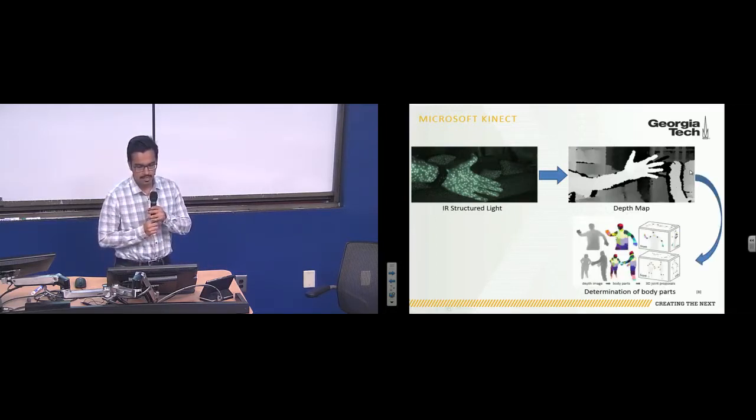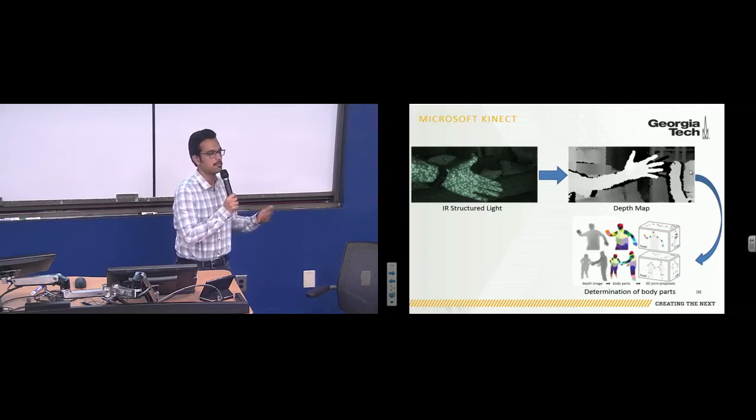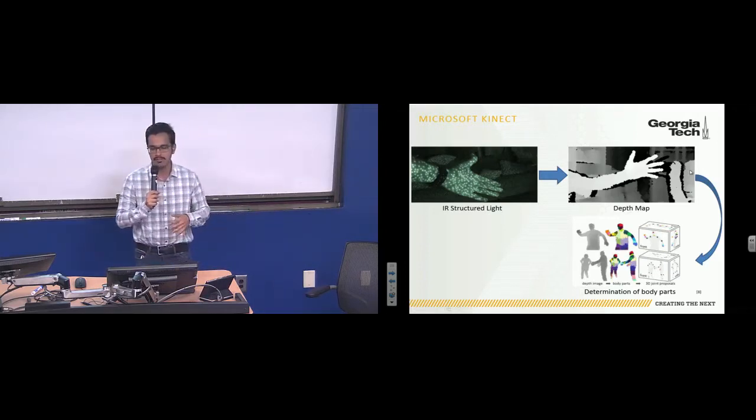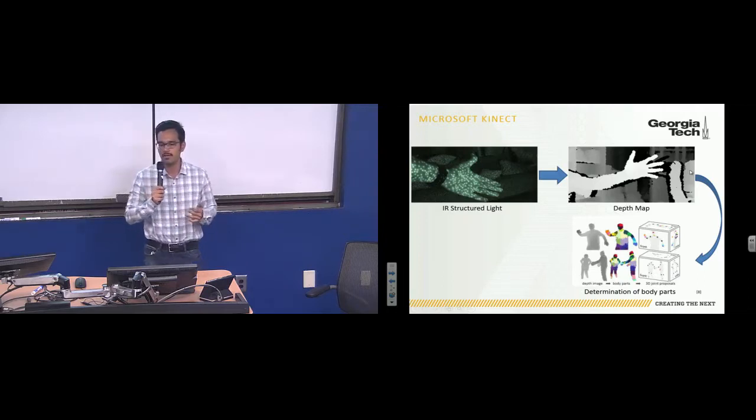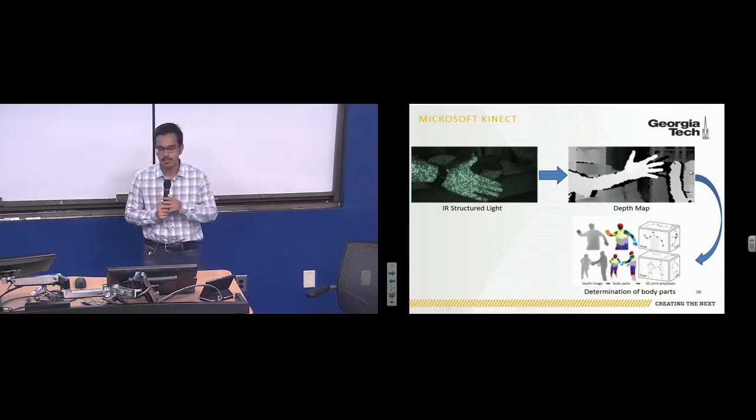The interesting thing about the Kinect is that the next step is it uses a randomized decision forest to identify pixels that may correspond to specific body parts. So the decision forest is an algorithm that can ask questions like, okay, is this pixel at this location offset from this pixel at another location by so much? If so, then this pixel most probably is a shoulder joint or a knee joint, for example.